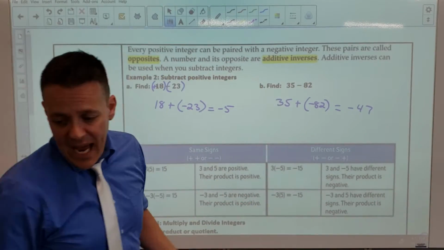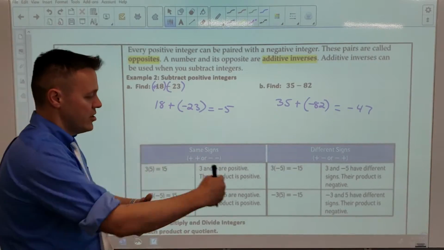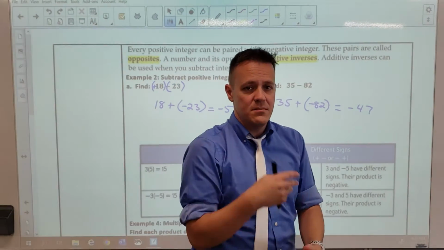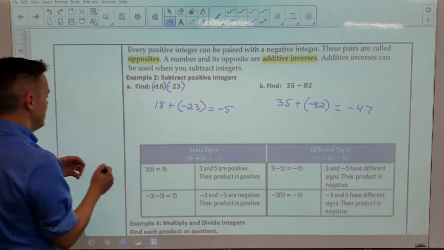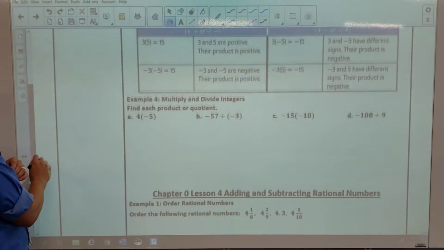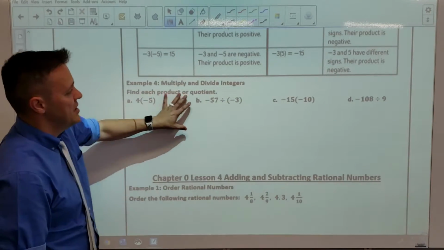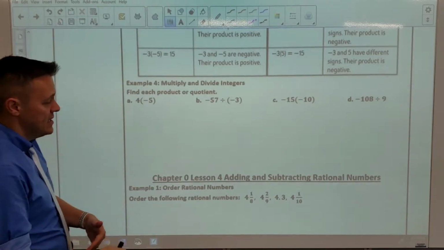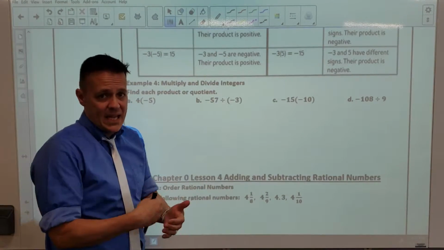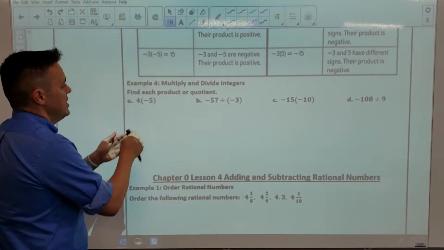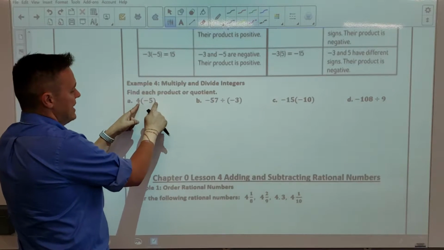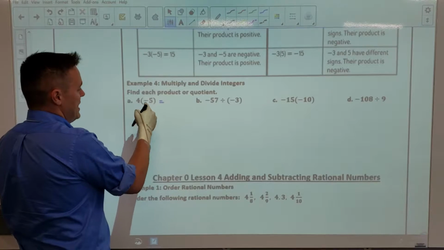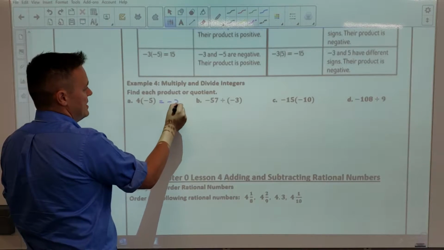There's an aspect of this where I want to make sure you understand additive inverses and get how things are changing as we go through. Same with these symbols here. A negative and a negative is positive when you're multiplying and dividing. On this one here, 4 times a negative 5 is going to be a negative number, and it's actually going to be negative 20.